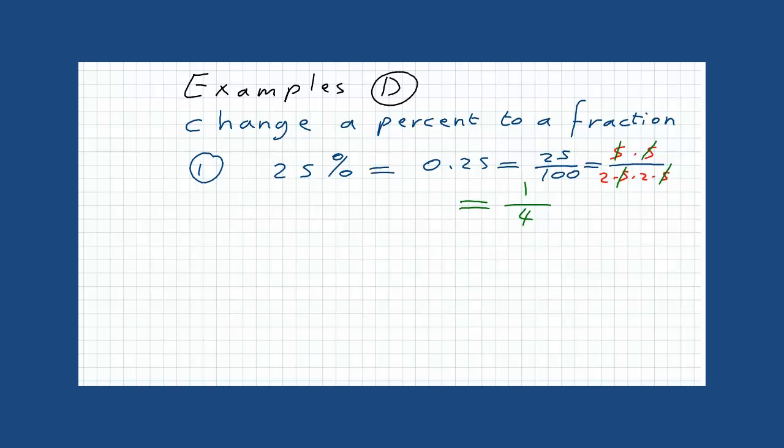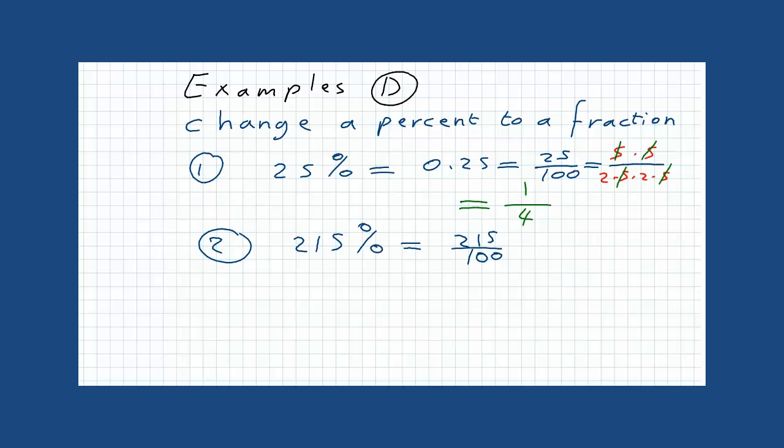And this is the simplest form for a fraction which represents 25%. Look at example 2. 215%. We want to change it to a fraction. It can be written as 215 over 100. You can see that the numerator is larger than the denominator.